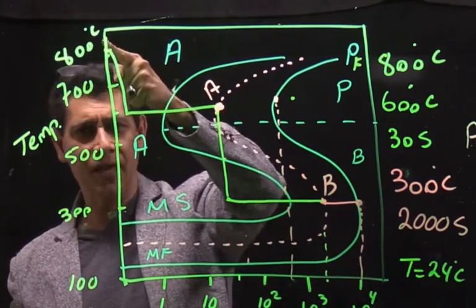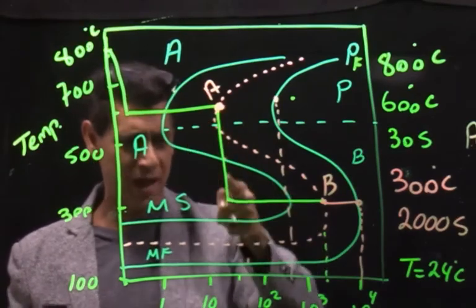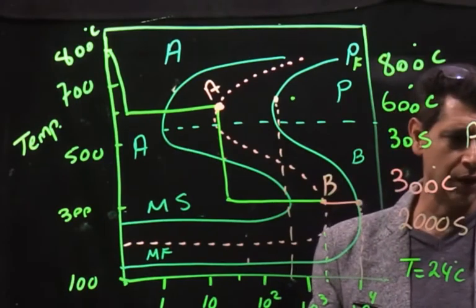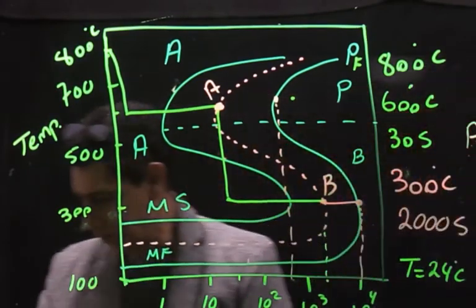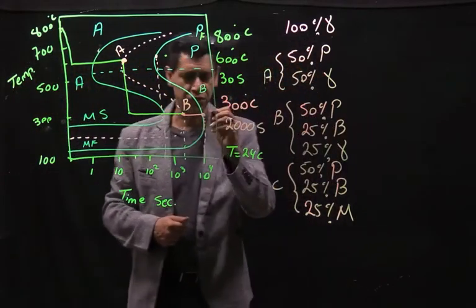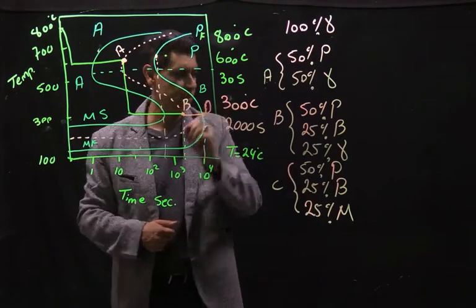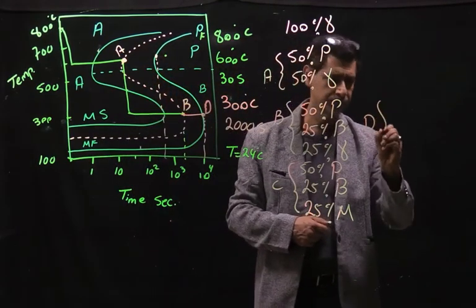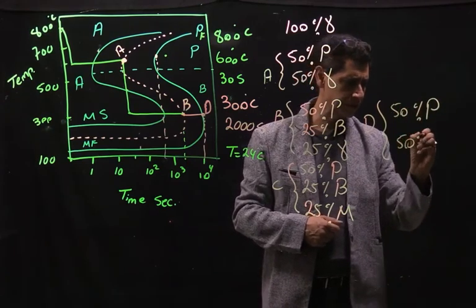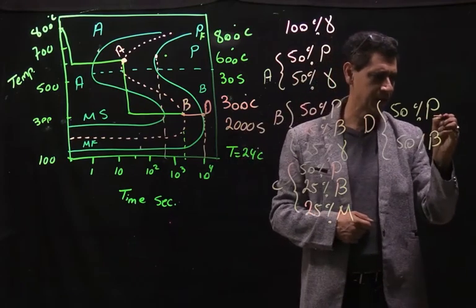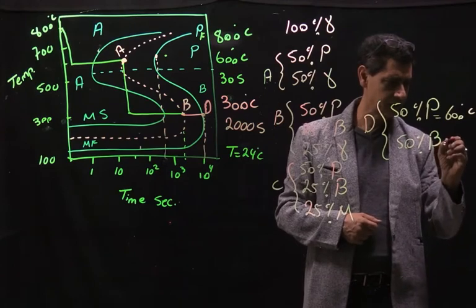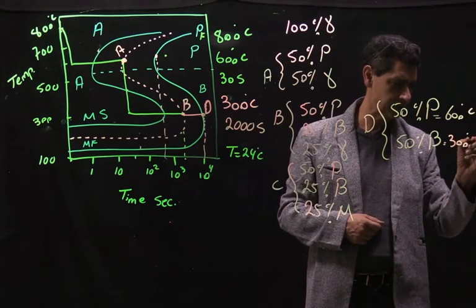When you go from 800 to 600, you give 30 seconds, you come down, you give 10,000 seconds, and in that case, at your point D, you have 50% pearlite, 50% bainite. This is at 600 Celsius, this is at 300 Celsius.